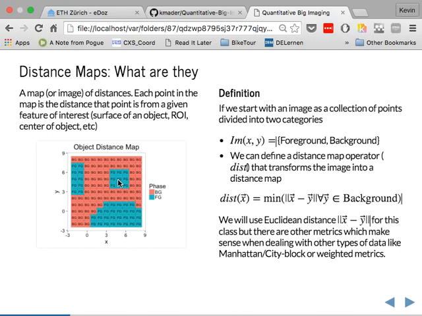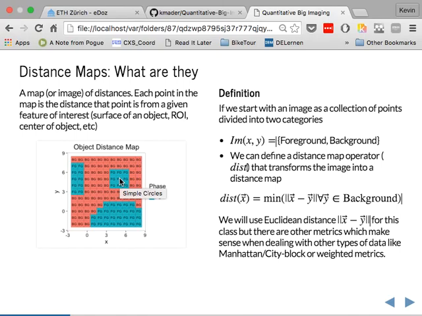You have to follow the roads, so you would use a different metric that fits better. There's one called Manhattan or city block distance, which allows you to measure distances where the only allowed moves are vertical and horizontal. With this, though, we'll stick with the Euclidean distance map, and so for this point it would be square root of 2.